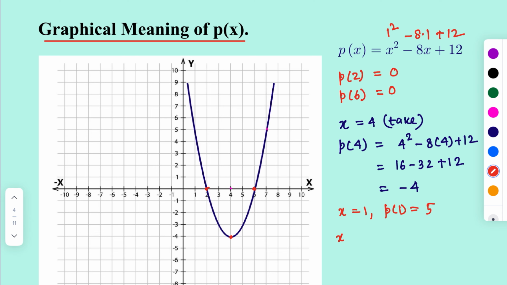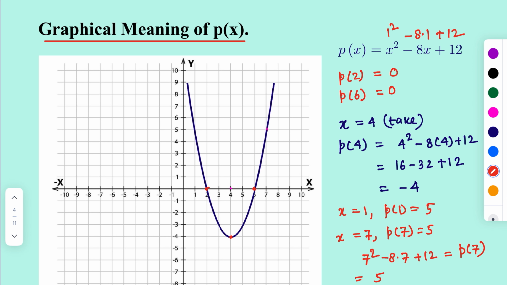Similarly, if we take x is equal to 7, then p of 7 is equal to 5. You see here, p of x is equal to 7 square minus 8 into 7 plus 12, that is p of 7.